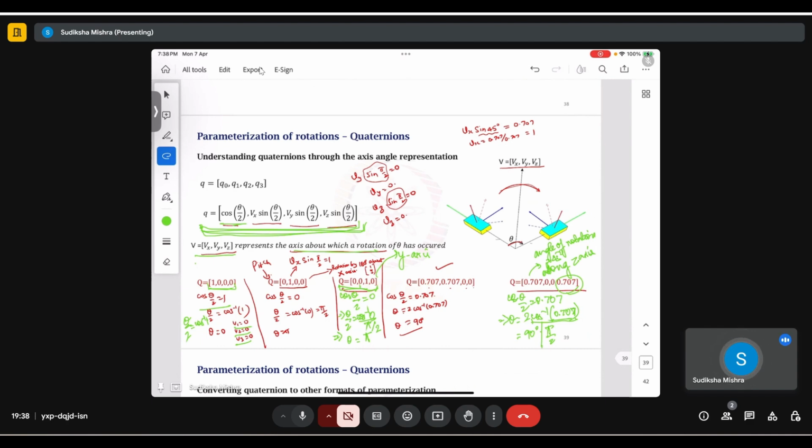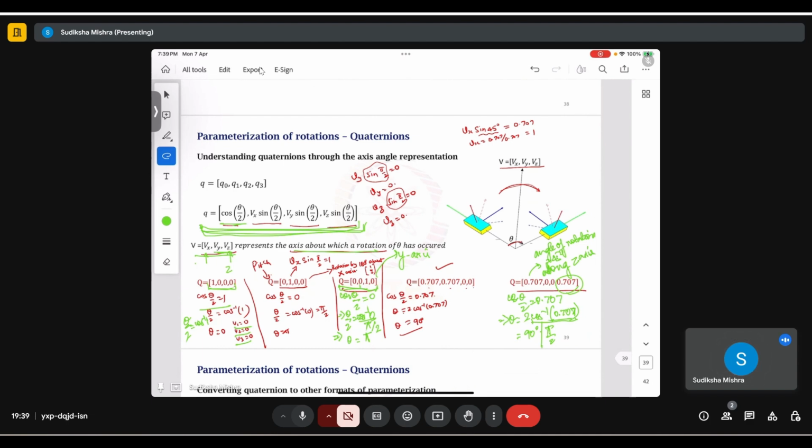So Vx, Vy and Vz represent the axis about which the rotation of theta has occurred. If Vx is 0 and Vy is 0, then the rotation has occurred about the z axis. If Vy and Vz are 0, the rotation has occurred about the x axis.